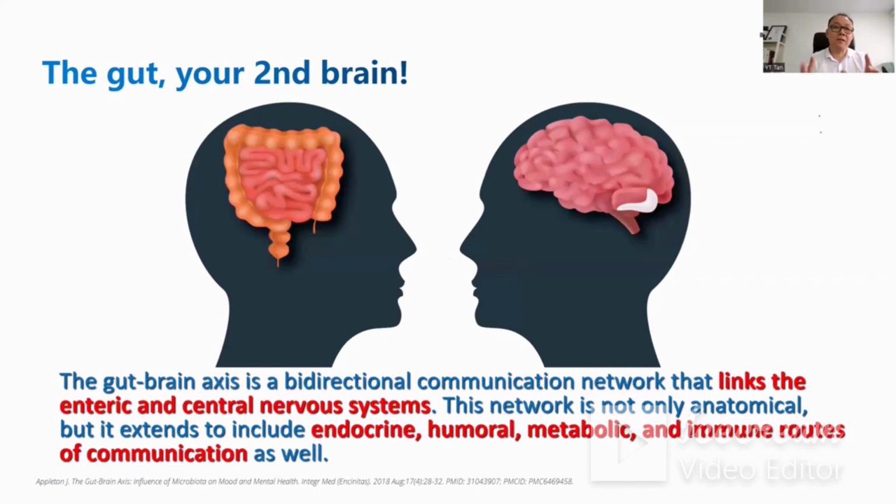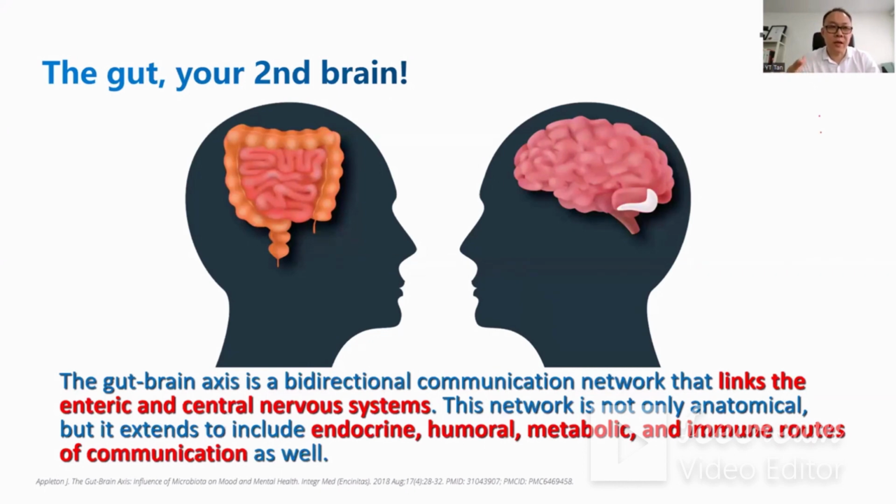The gut cannot think, they are not thinking, but your gut has some individual functions which are not controlled by your brain, and they are talking to each other. So when you have some gut problems, the gut problems will affect your emotions and will create some mental problems. This is the basic explanation of the gut-brain axis.